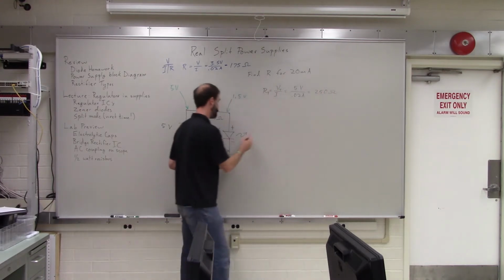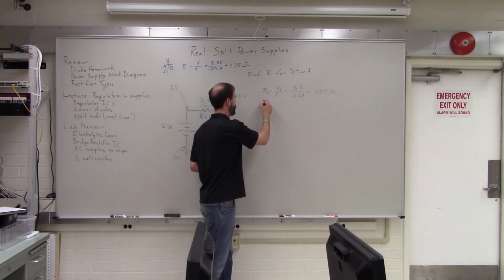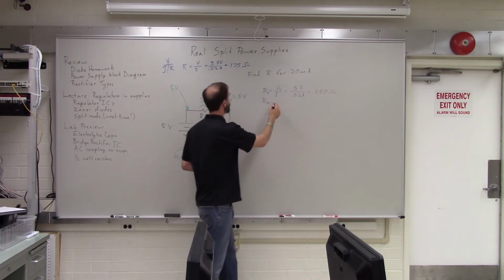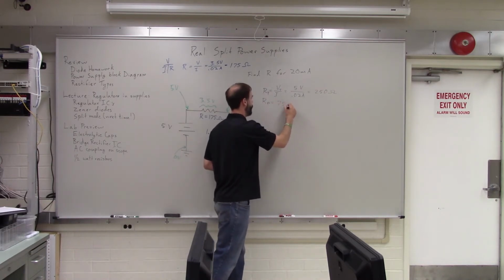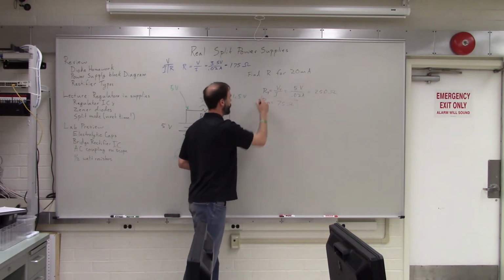Then the resistance of the diode in that case would be 75 ohms.